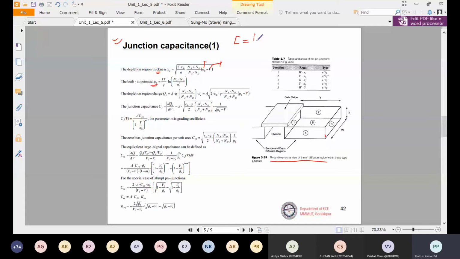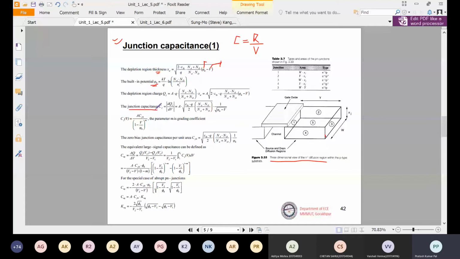So C into V is given by the charge. Capacitance is the total charge for that particular area divided by the voltage, and we call it the junction capacitance.